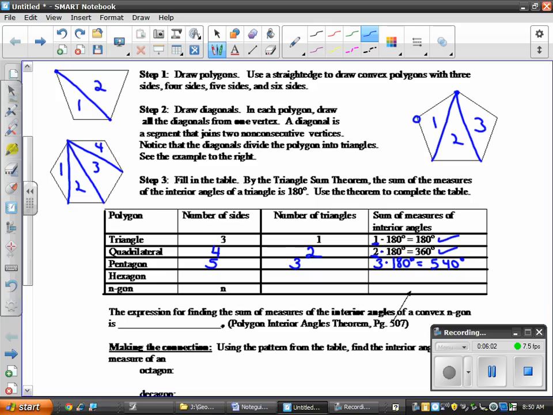Okay, so what we're saying is a pentagon will have 540 degrees inside if you add all those angles together. Again, the quadrilateral is 360, the triangle is 180 degrees.